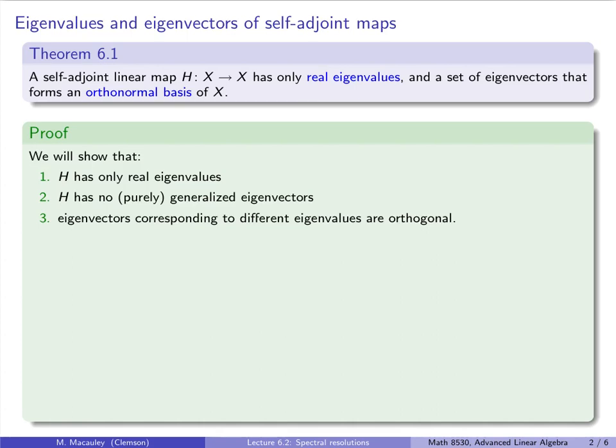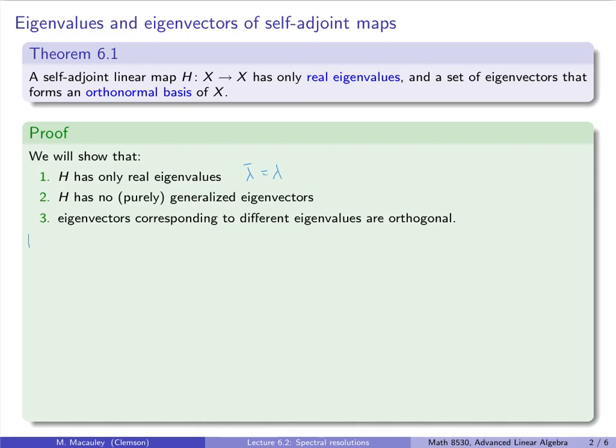So why does H have only real eigenvalues? To show this, it suffices to take an eigenvalue lambda and show that the complex conjugate of lambda is equal to itself.